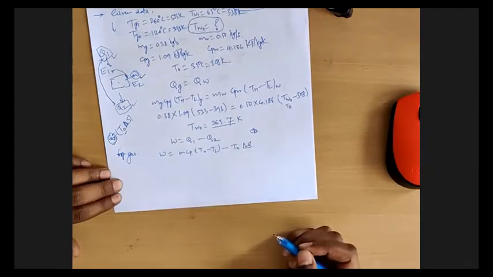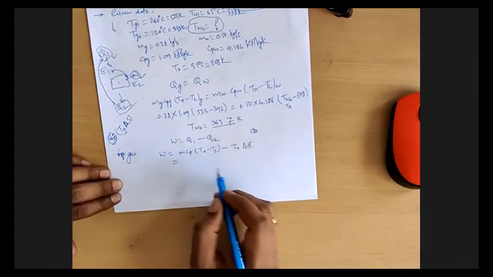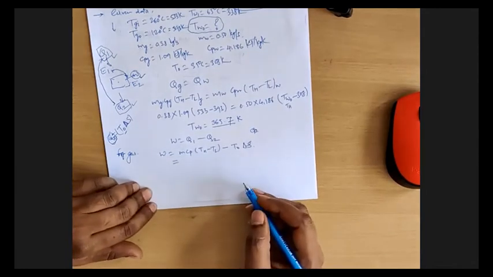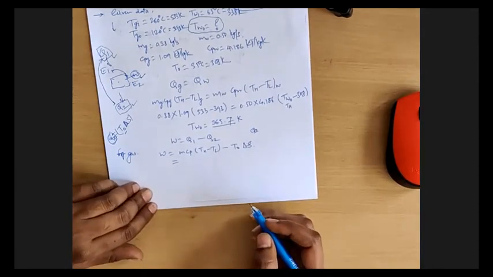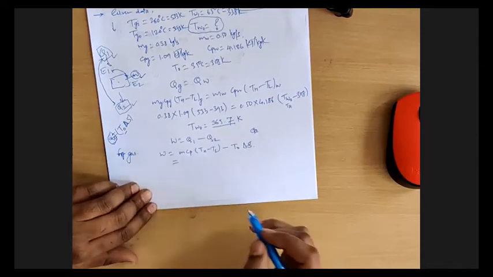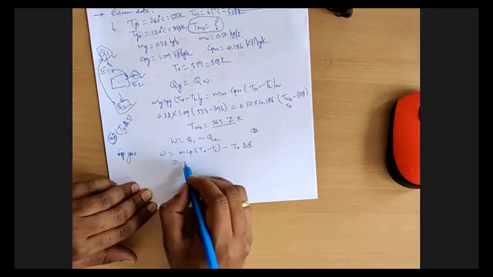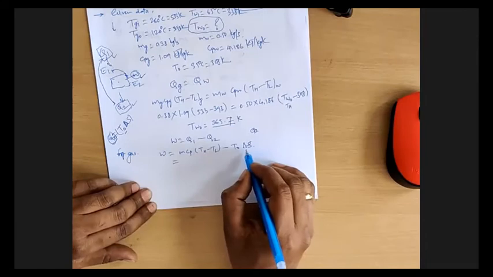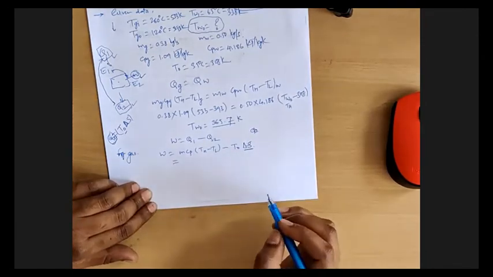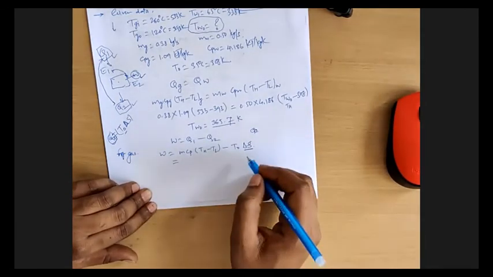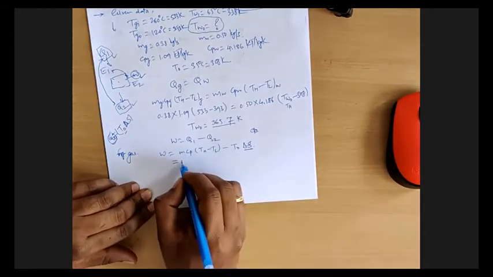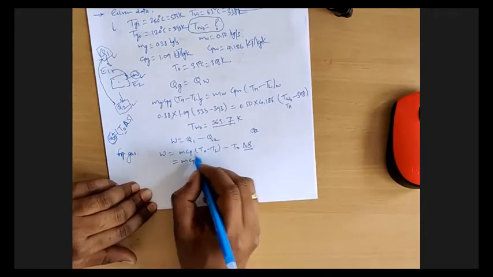Okay. Now let's put values of the given system to get the W. Before that, this delta S we need to calculate. So let's put the relation for delta S also in the same equation. So MCP, this one we are writing for gas.